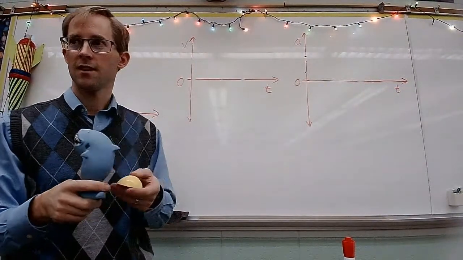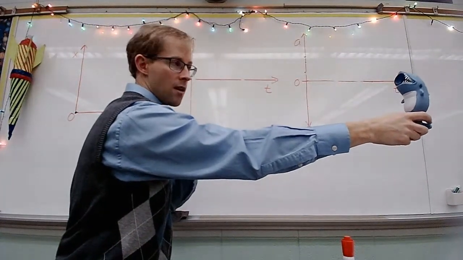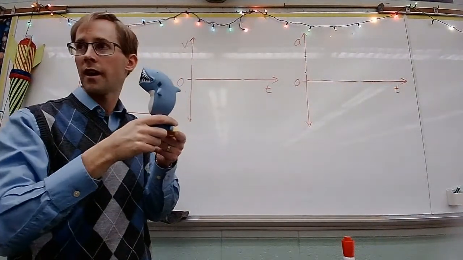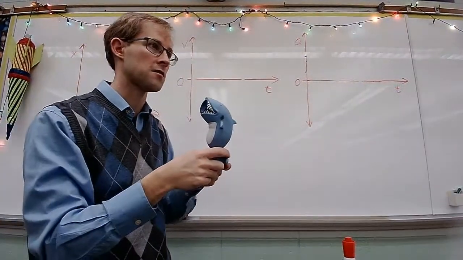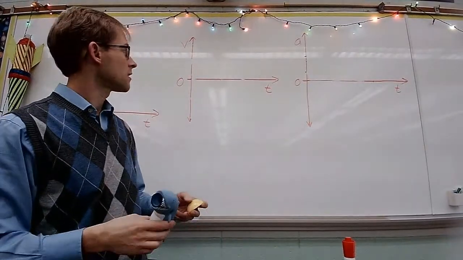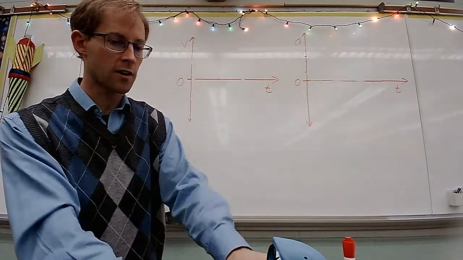Time stops. So he started out really, really slow, maybe even at rest. As time went on, he picked up speed, and he went faster and faster and faster, ultimately reaching the 0 point, the origin. So let's see if we can figure out what's going on there on our graphs.